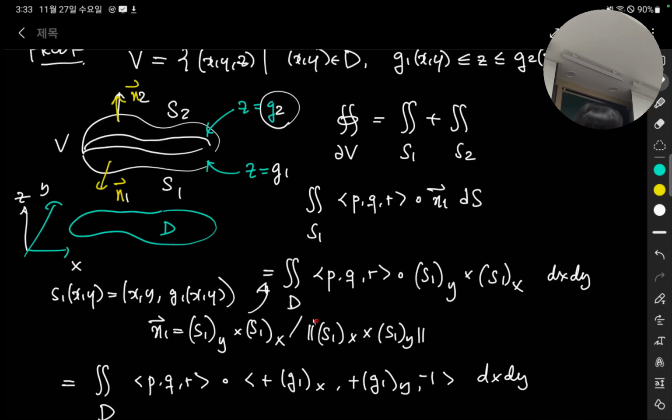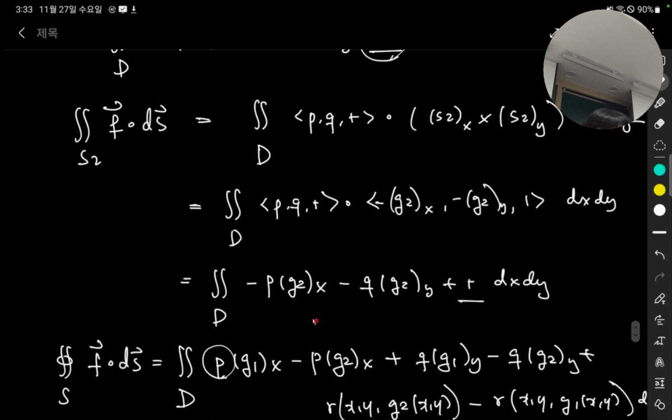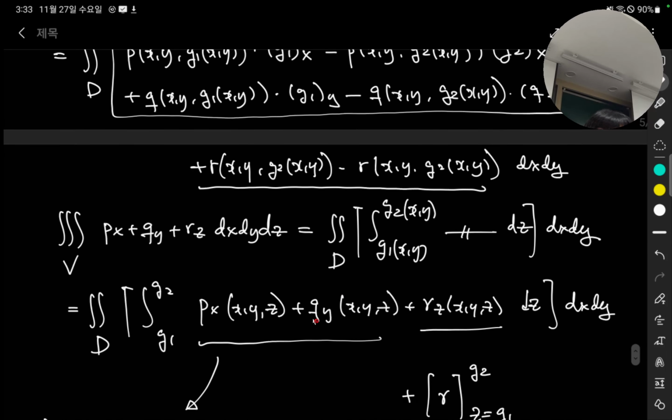For other cases I have to split my volume V in different directions, meaning I represent my V by projecting onto other planes, and then show it the same way. But I've already done this, so it's a bit hard using this direction.